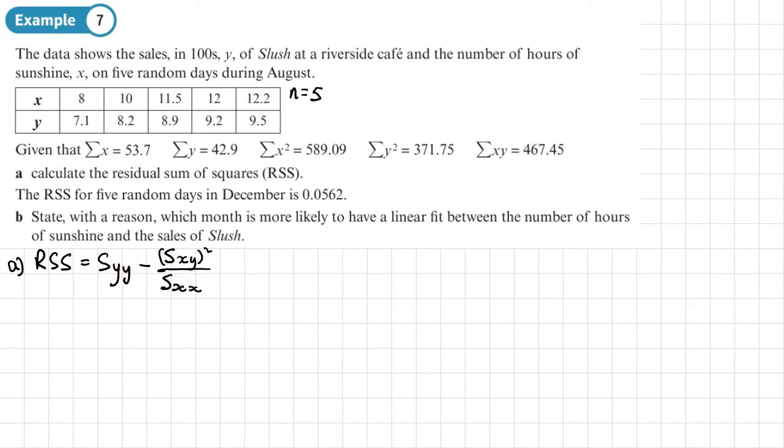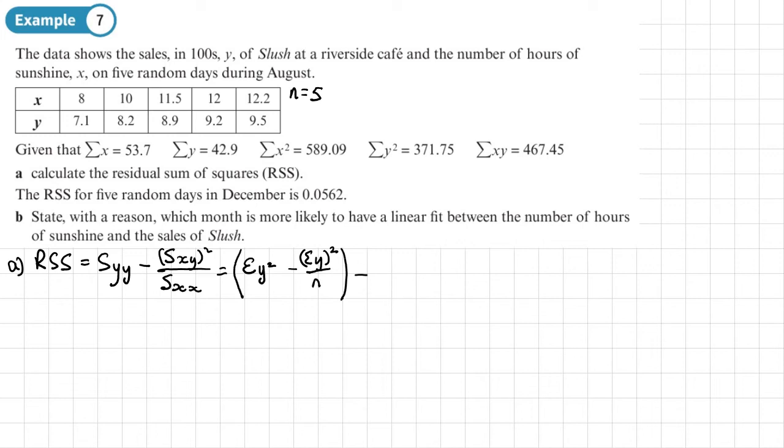So I'll write out the full formula. So SYY is going to be the sum of Y squared minus the sum of Y all squared over N. So that's our SYY.